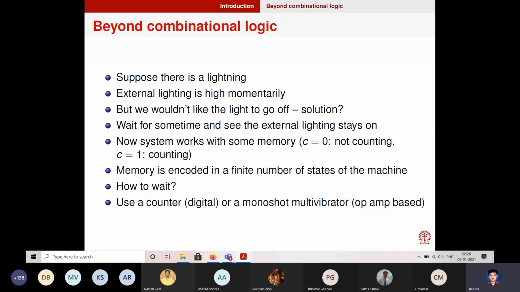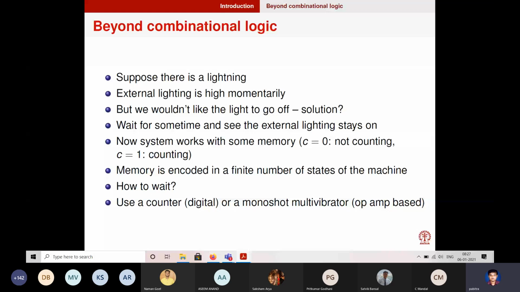How long was it on? You need to have memory. Okay, so we need to have a circuitry or mechanism or some way to have memory. In other words, we need to take care of the time. In this case, time. In other cases, it might be something else. We need to have memory.